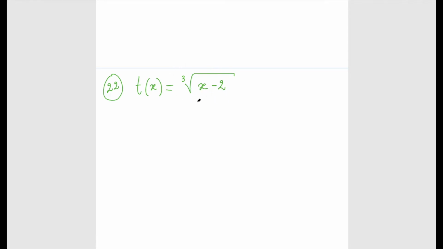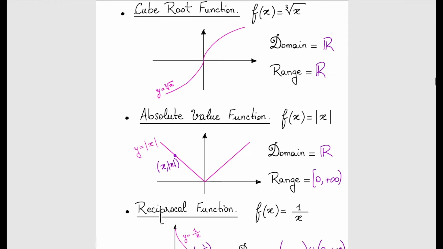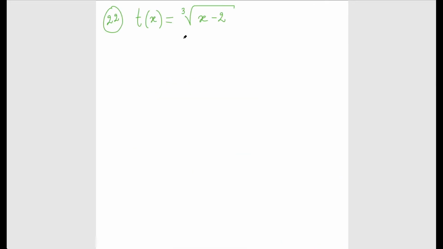Okay. So who's the parent function that's involved in this? It's the third root, right? And how do we graph the third root? Let's go back to that page. It's right there. That's the graph of the third root. Okay. So I'm gonna use it as a parent function and build on it.